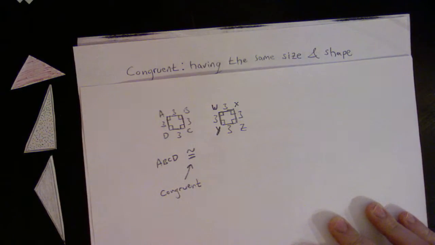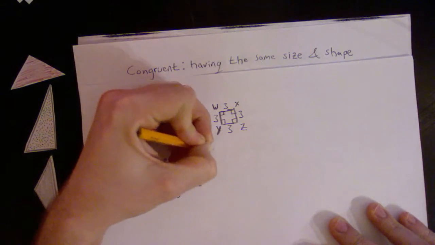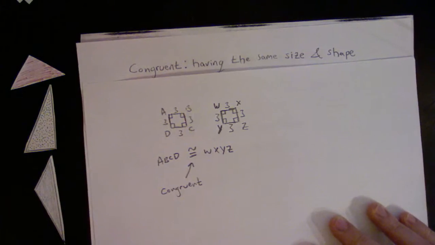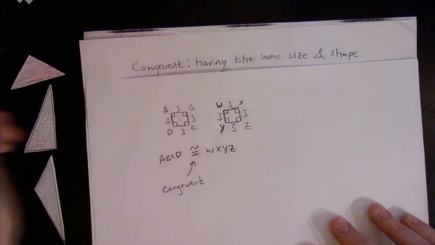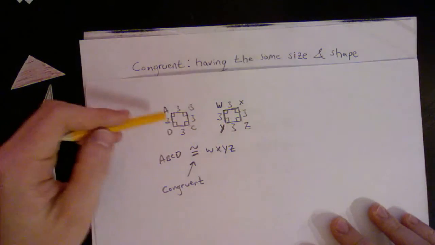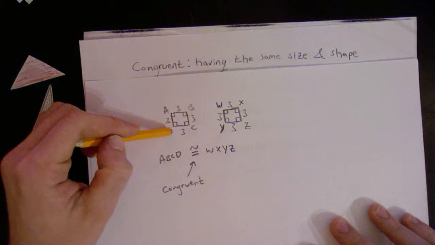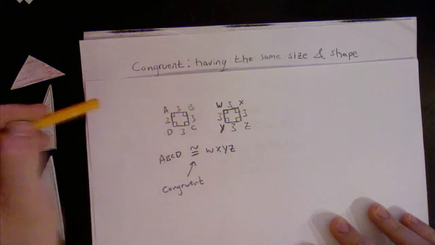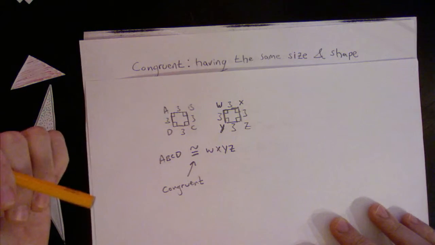ABCD is congruent to WXYZ. So congruent means having the exact same size and shape as each other, and ABCD and WXYZ both have the same side lengths for all of their sides, and they have the same interior angle measures.